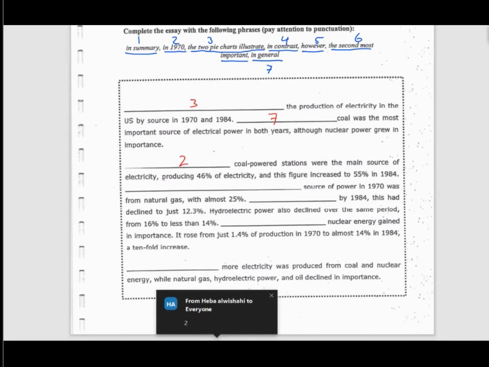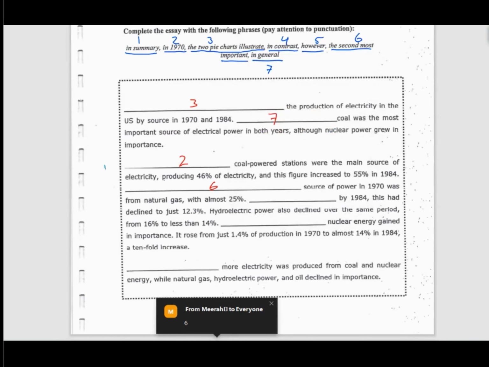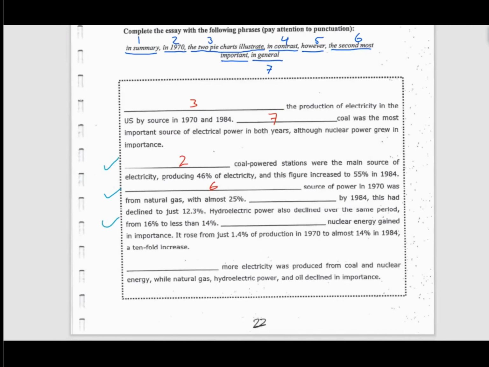The next one is number 2. In 1970, okay? And the next one is number 6. Very good. Number 6. Here you can see that we started from the biggest, the most important source, then the second most important source, then the third most important source.